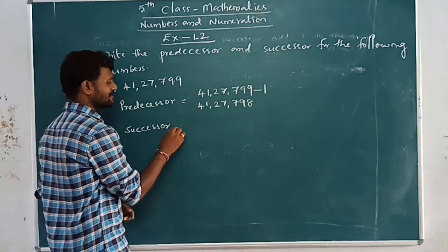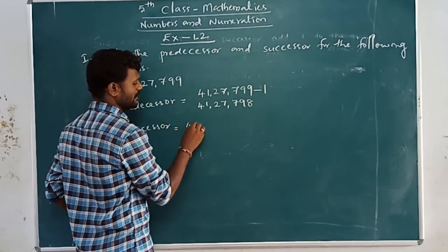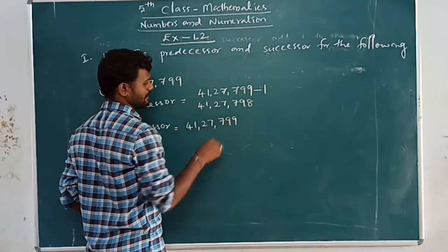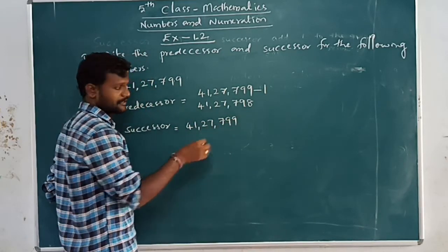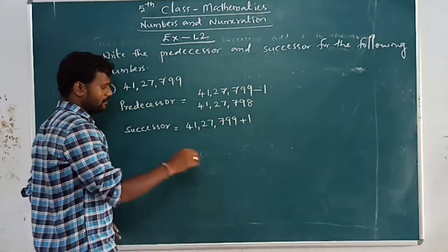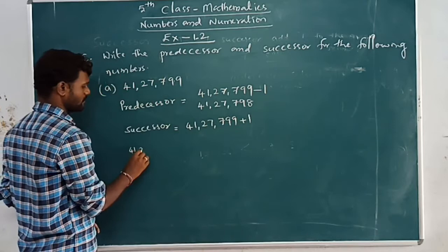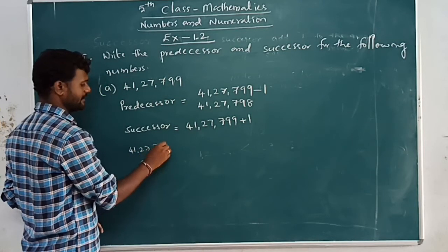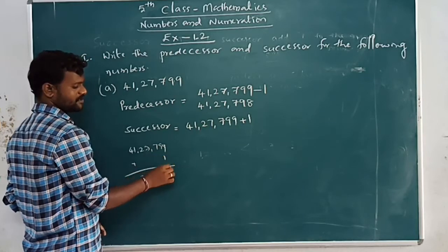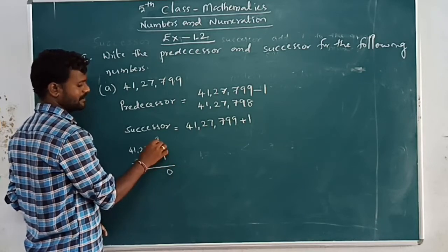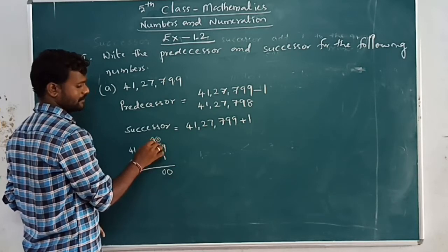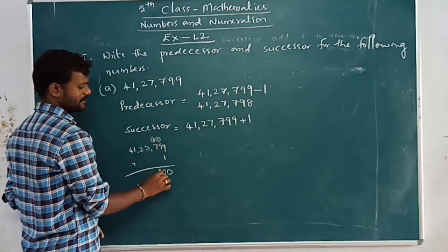Now to get the successor, what do we have to do? 41 lakhs 27,799. To write the successor, add 1 to the number. What will you get? 1 is added. 9 plus 1, how much? 10. 1 carry. 9 plus 1, how much? 10. 1 carry. 1 plus 7, how much? 8.